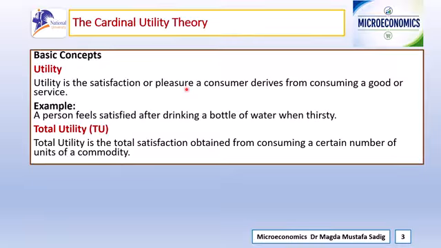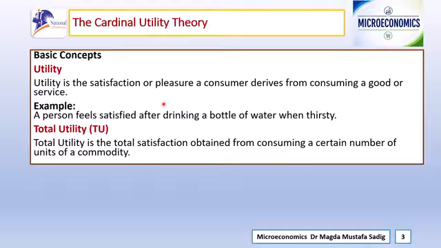is completely subjective. Different people obtain different levels of satisfaction from exactly the same product. For example, one student may love coffee, another student may prefer tea, someone else may dislike both.